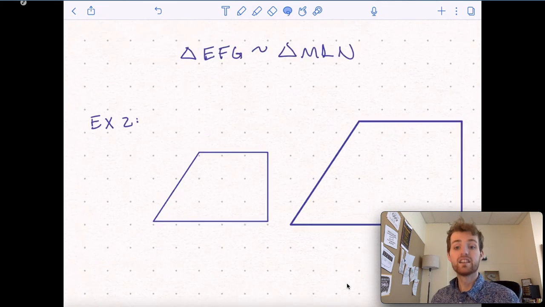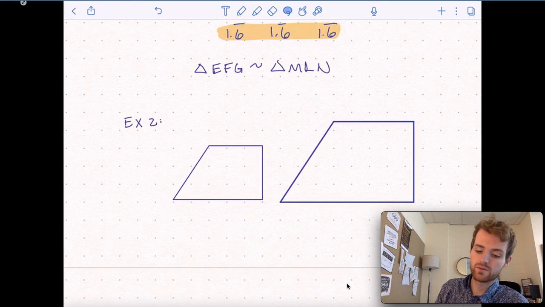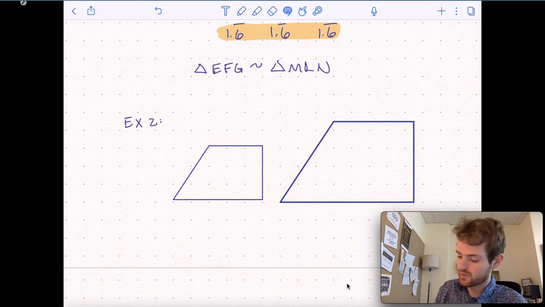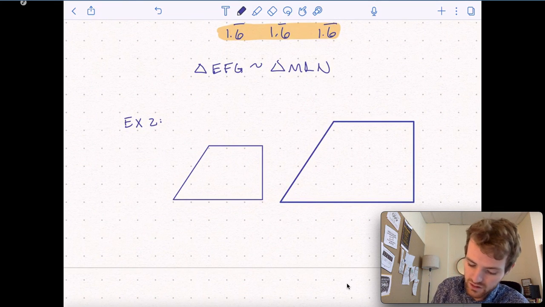Okay, here we're going to be looking at these shapes we call right triangles. Before we get started, let me finish writing in the information we know.